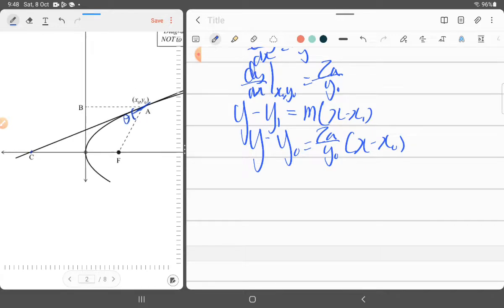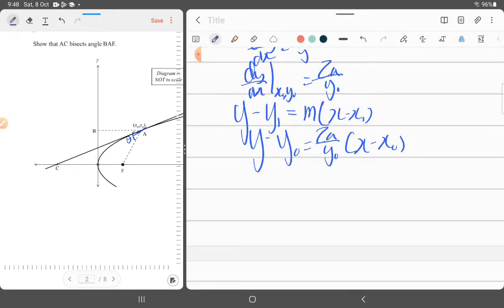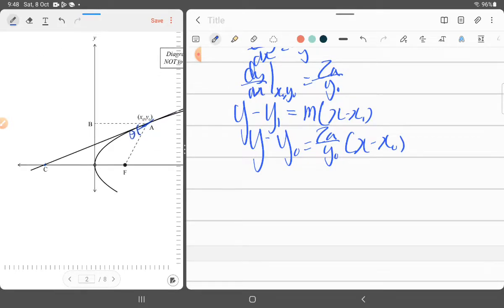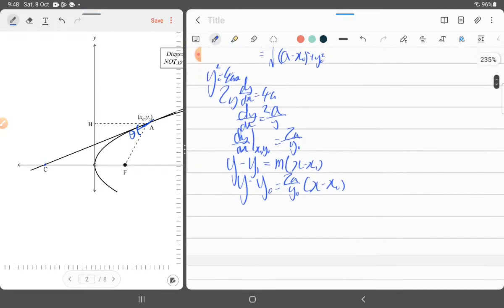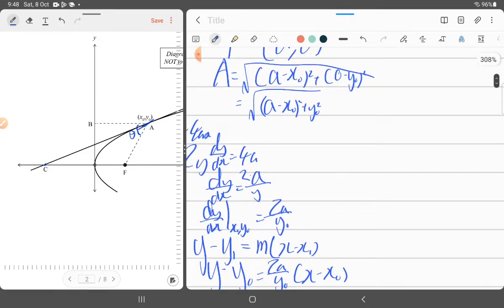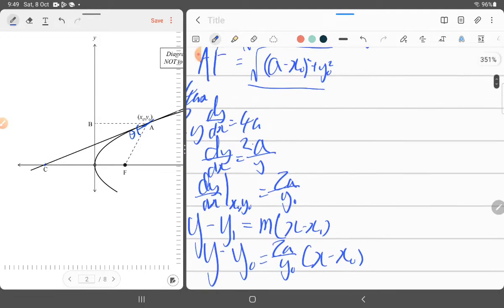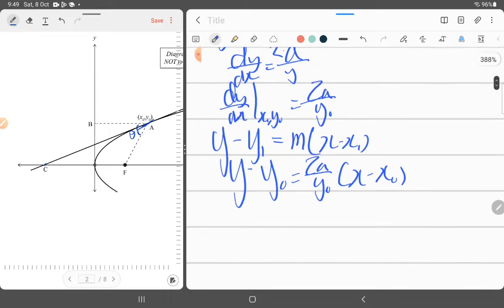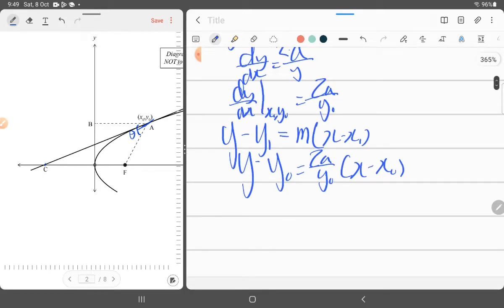Okay, so the distance A, so the distance A is equal to this. So I'm going to get this point and take this point away from it.